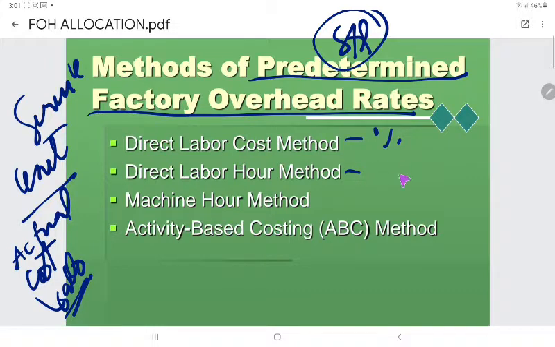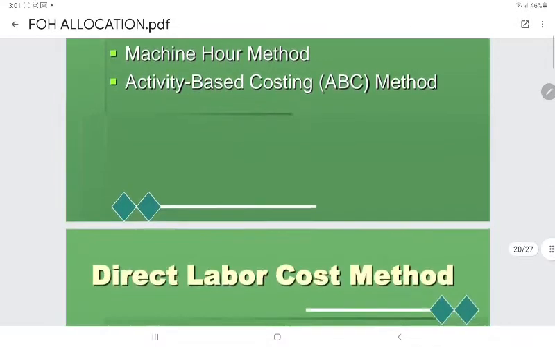Unlike this one, what you will get here will be the physical factor, no? And this one will be the physical factor as well. And your activity-based costing, of course, you have activities. So, it's more of the physical factor. Okay, let's see the sample.